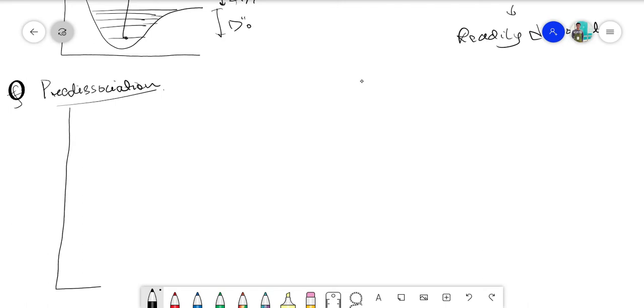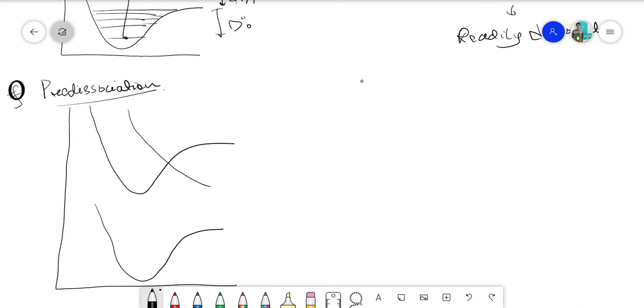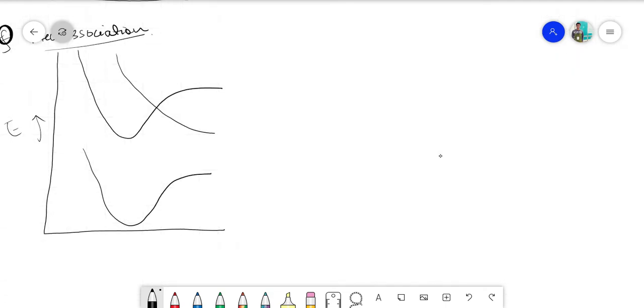So this is your ground electronic state. This is your first excited electronic state, and there is an overlap of the continuum of some state. This is your internuclear distance.